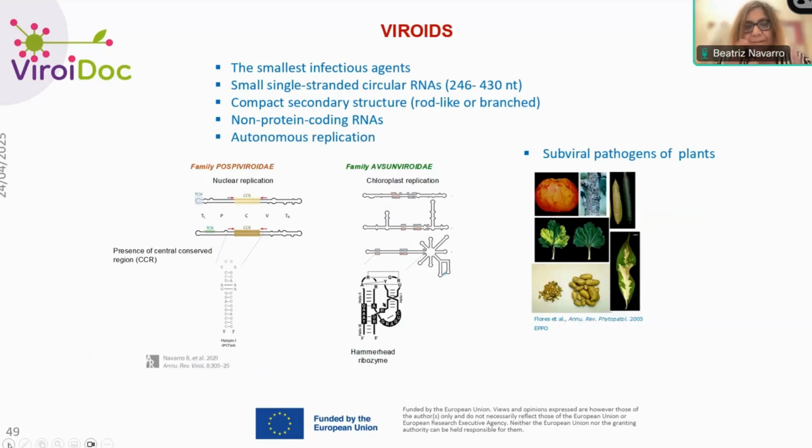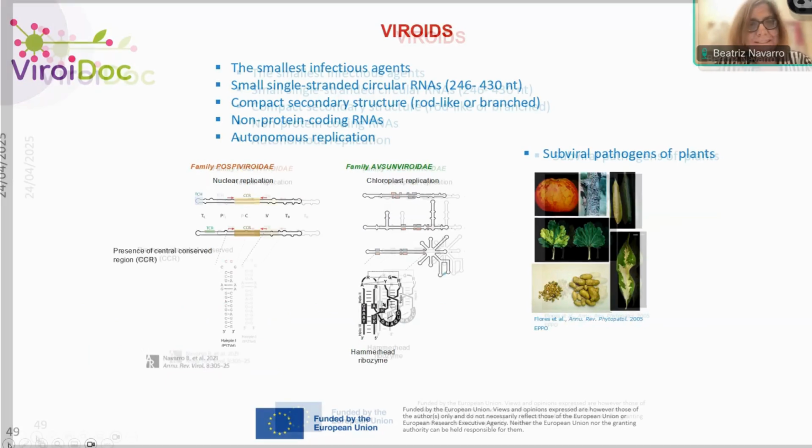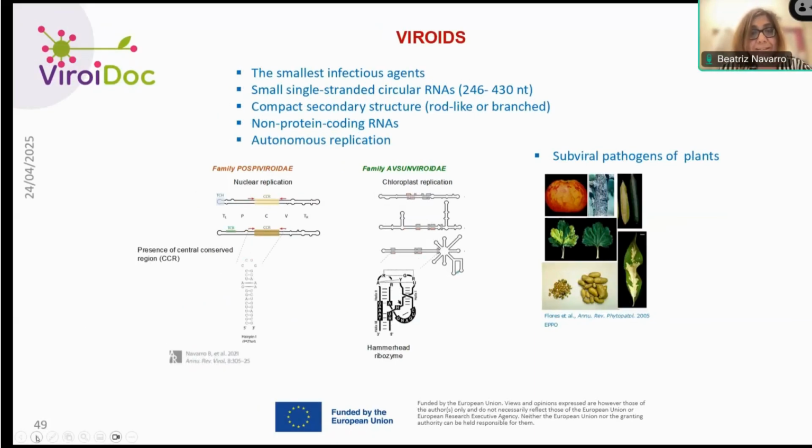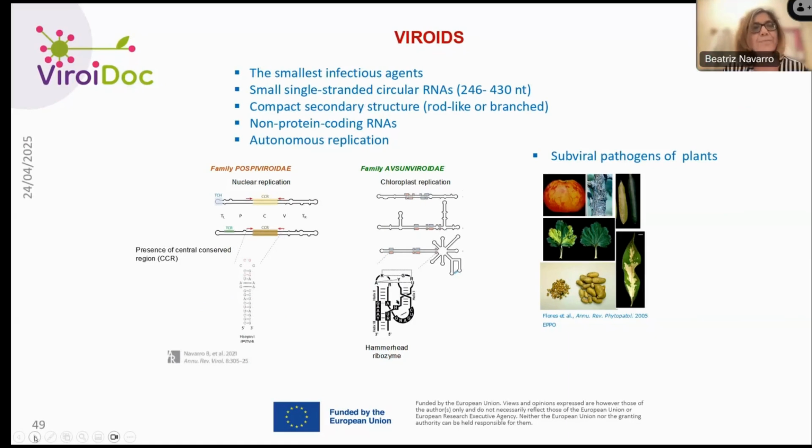So just to remind you what viroids are: the smallest infectious agents, consisting of only a small single-strand circular RNA of 246-430 nucleotides that folds in a compact secondary structure that can be rod-like or branched. They are considered non-protein-coding RNAs, and they seem to be very simple RNAs.